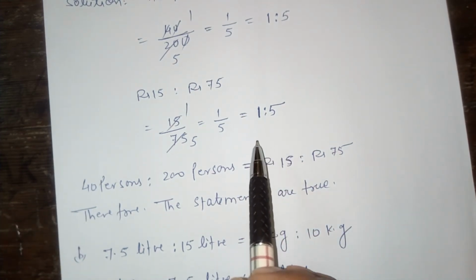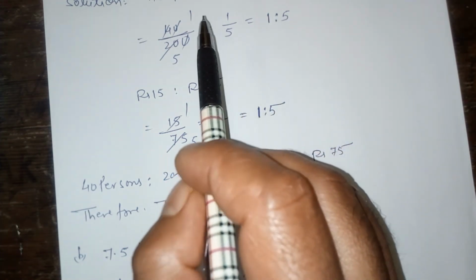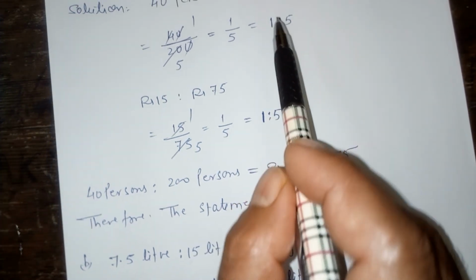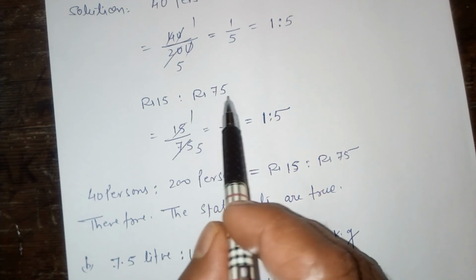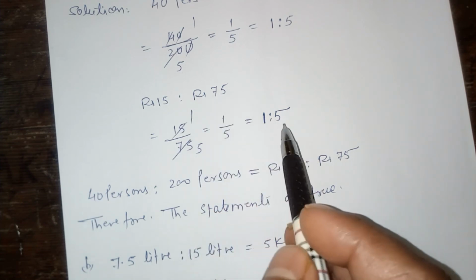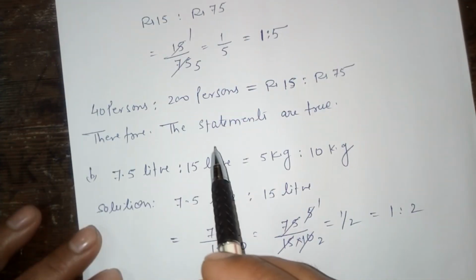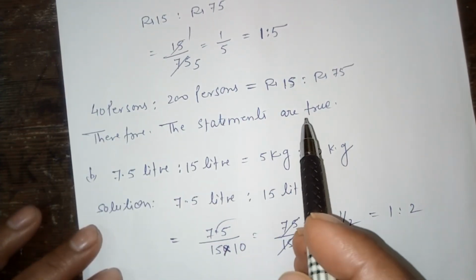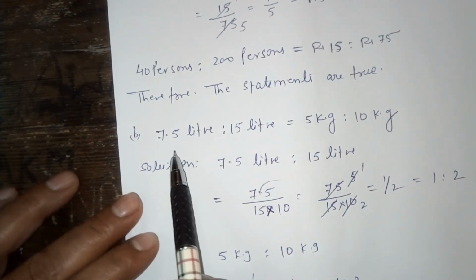So my dear students, as you are looking, the ratio of 40% is to 200% is 1 is to 5, and the ratio of rupees 15 is to rupees 75 is 1 is to 5. These two ratios are equal, therefore the statement is true.